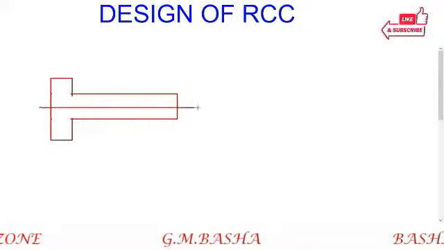So assume this is the cantilever beam. Here, this is the neutral axis. For the simply supported beam also, exactly at the center there will be a neutral axis. So this is the neutral axis, which is indicated with NA.